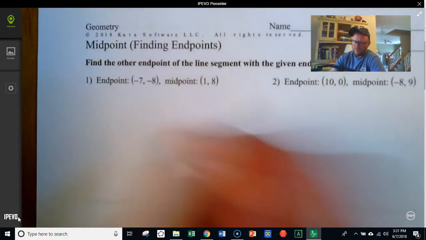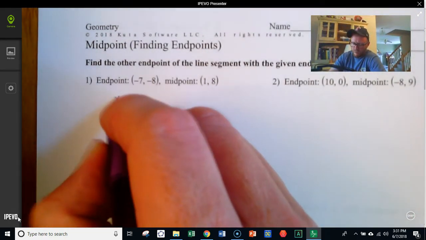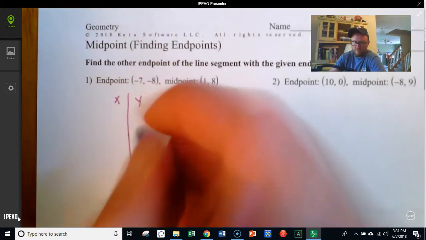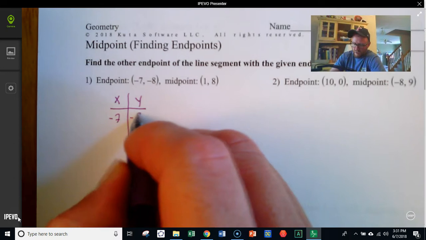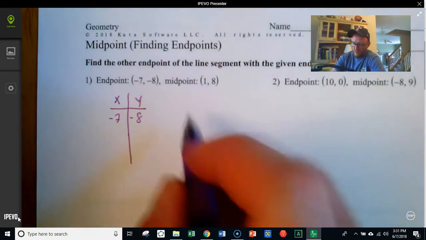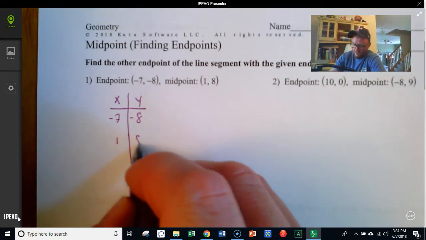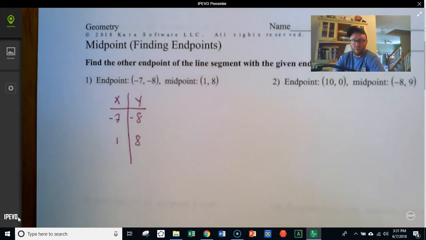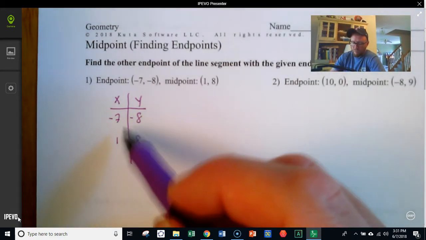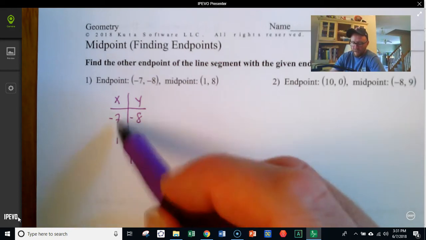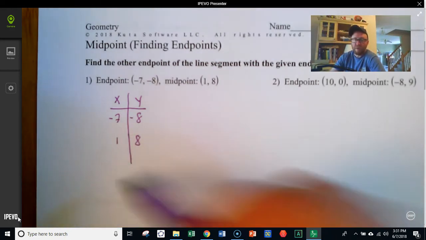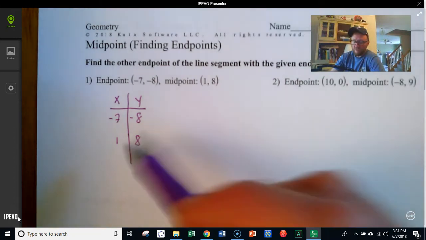Okay? So I've got an XY table, and I've got -7, -8 for one point, and I've got 1, 8 for my midpoint. Now remember, the x-coordinate of the midpoint is halfway between the x-coordinates of the two endpoints.